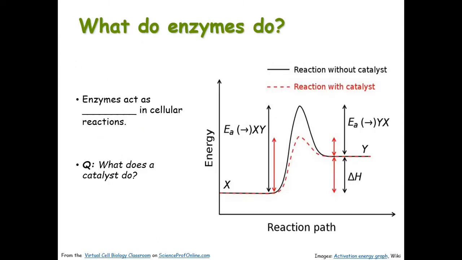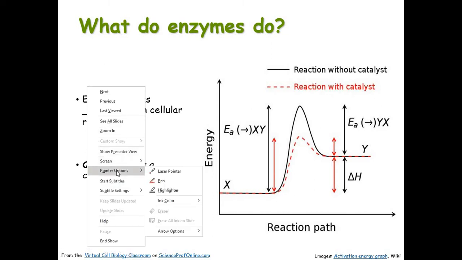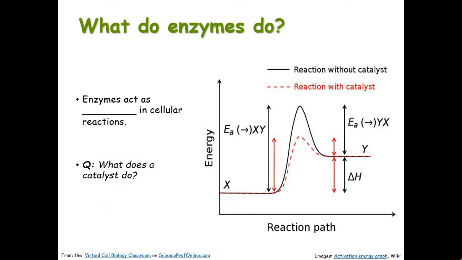So what do enzymes do? So enzymes act as catalyst in cellular reactions. So what does a catalyst do? A catalyst will speed up a reaction by lowering the activation energy. So this broken line here is the path that is followed if the reaction contains a catalyst.